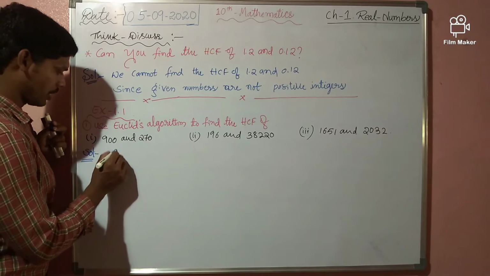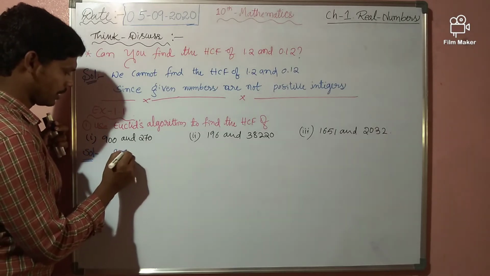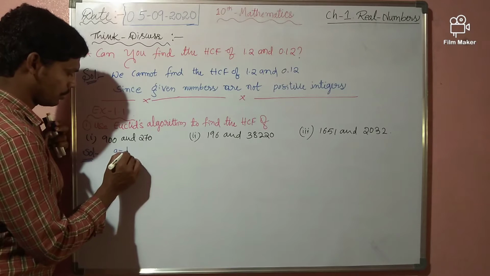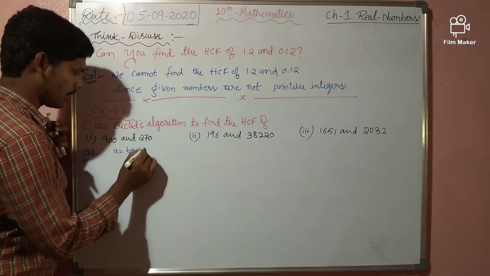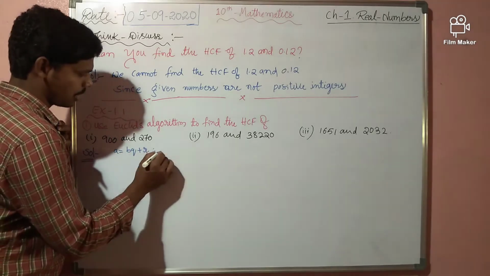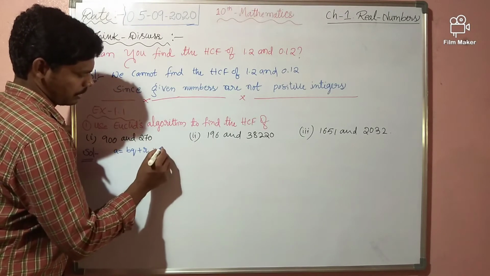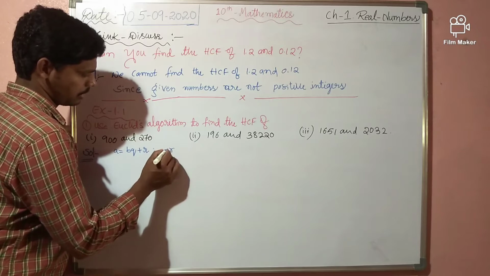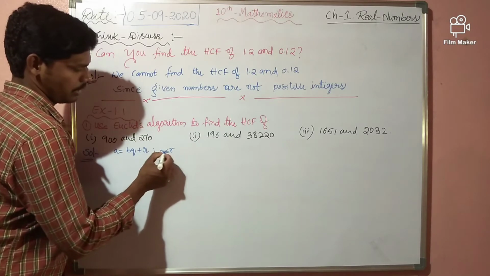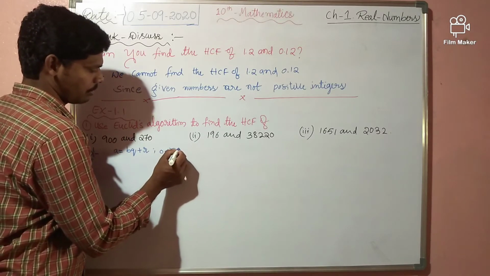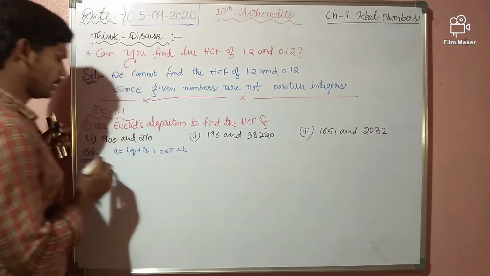So you can write first Euclid's division lemma. The condition is a = bq + r. Here r is equal to 0 or more than 0 but less than b. This is the condition.